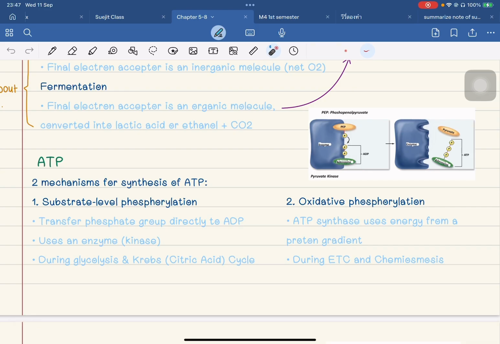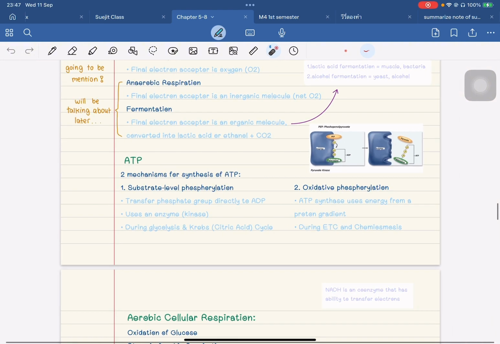The second mechanism is oxidative phosphorylation, where ATP synthase uses the energy from the proton gradient. It happens during the electron transport chain and chemiosmosis.